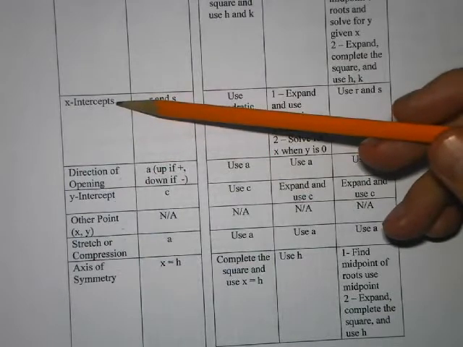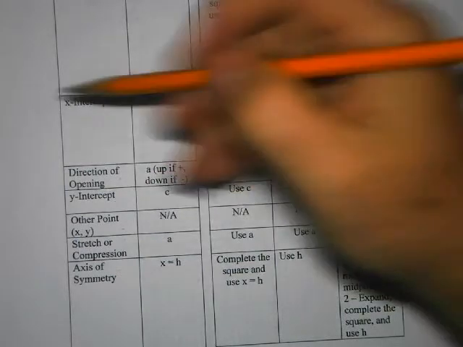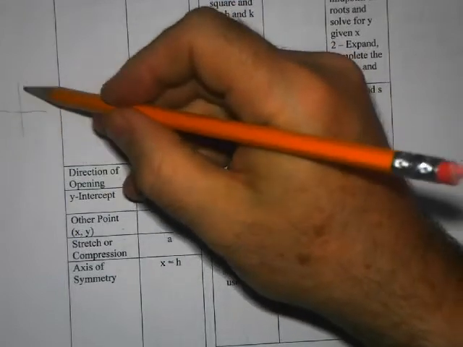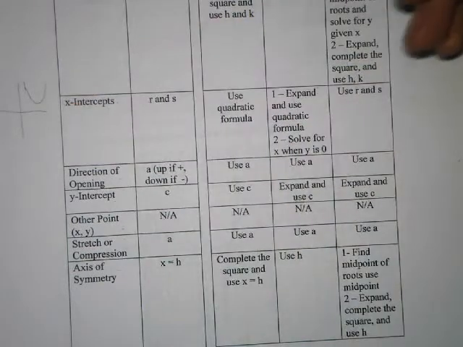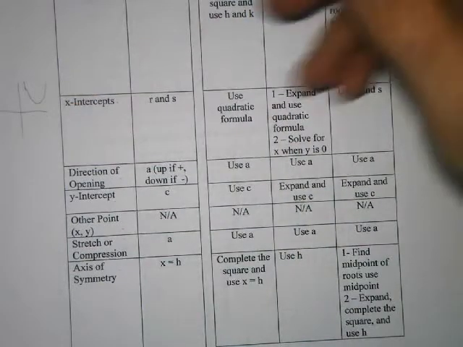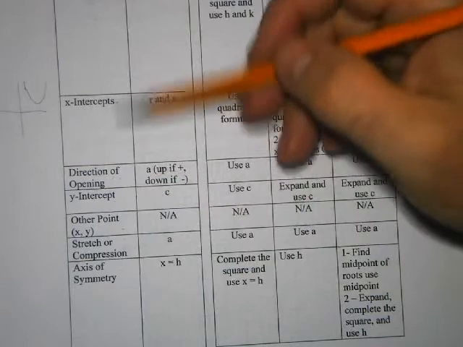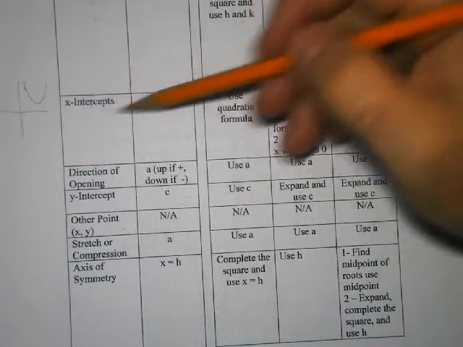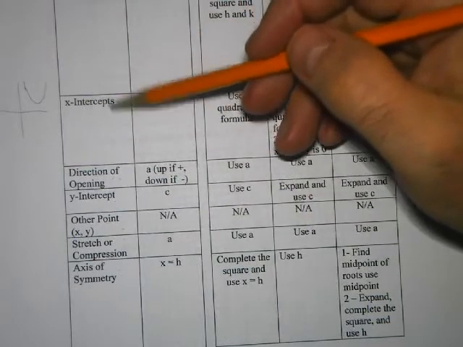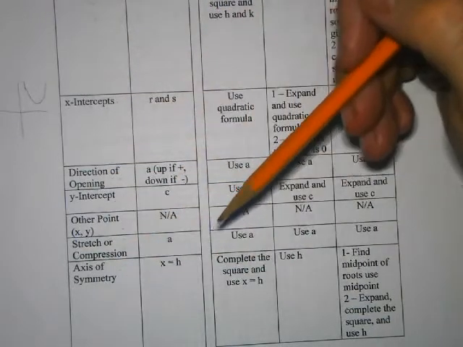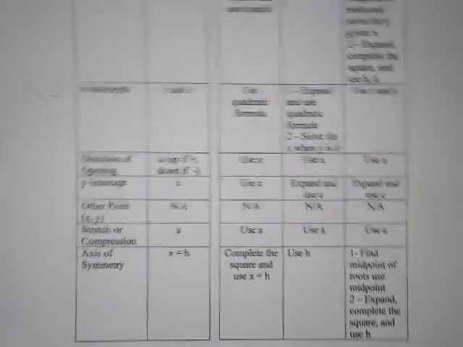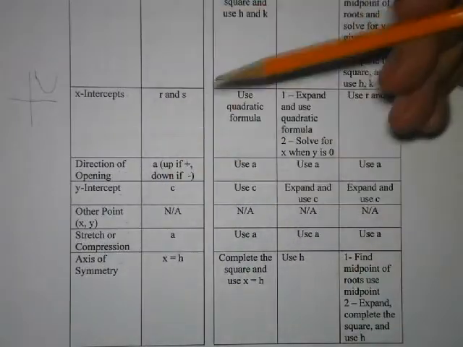Remember, sometimes a parabola could be above the x-axis and open up. In that case, it wouldn't have any x-intercepts. But for all these other things, there will be an answer. Even for the x-intercepts, the answer is that there are none, but for all the other things you can find the value of each.